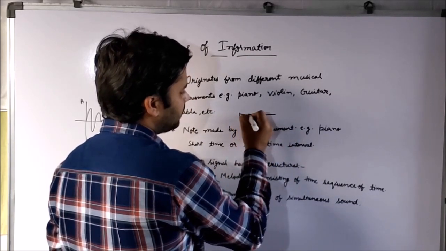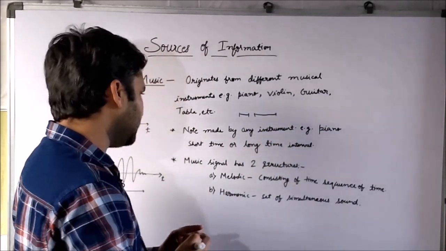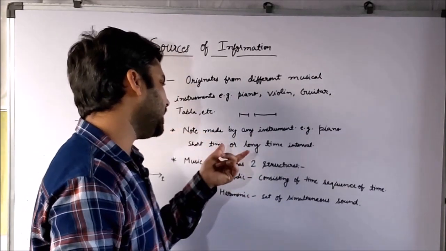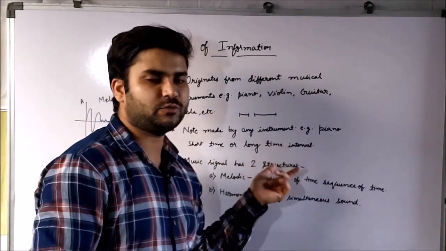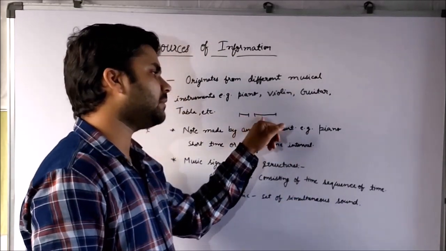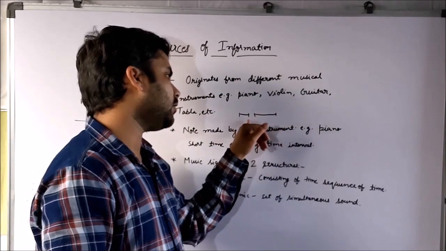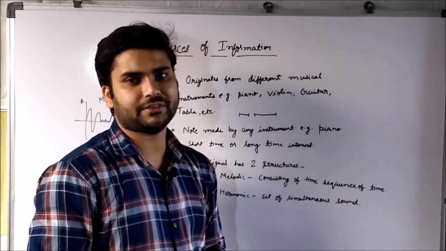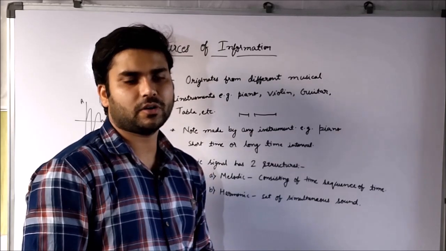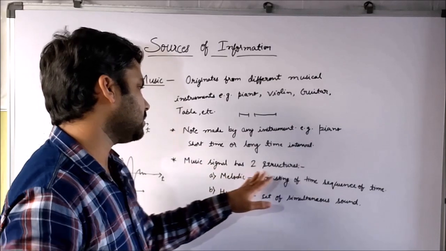So here I am trying to make you understand that the music note is totally dependent on the time interval for which we are playing the instrument, okay. One can play for a short interval of time, another can play for a long interval of time. Depending on these short and long intervals, we will get different types of sound for different tones, okay. So the musical signal has 2 structures.